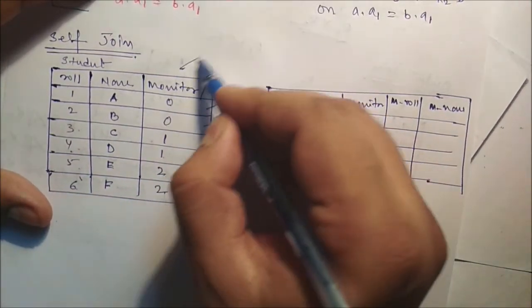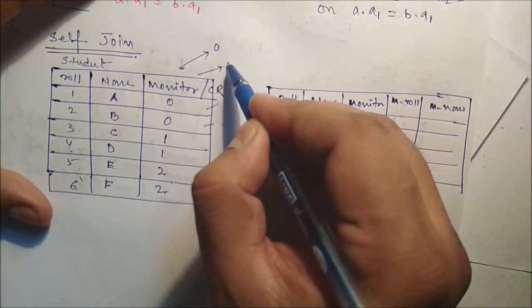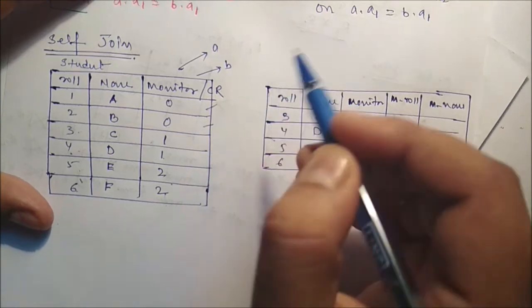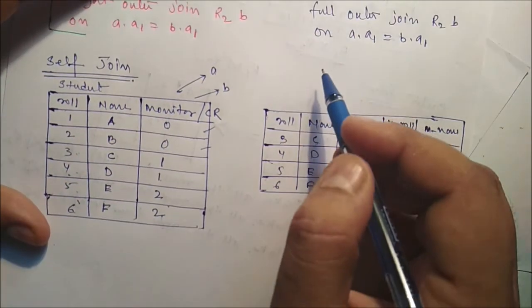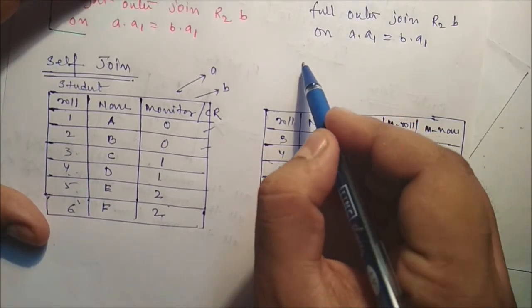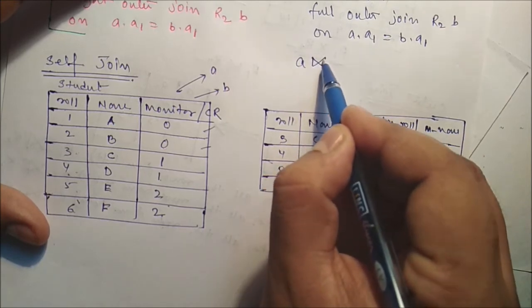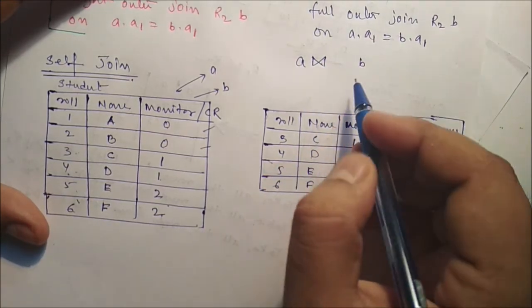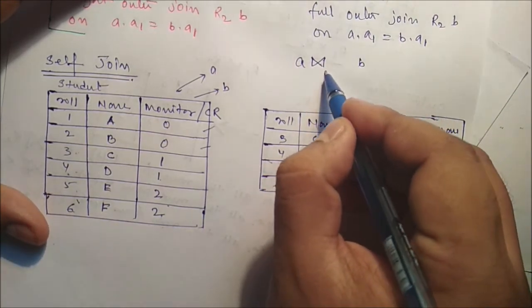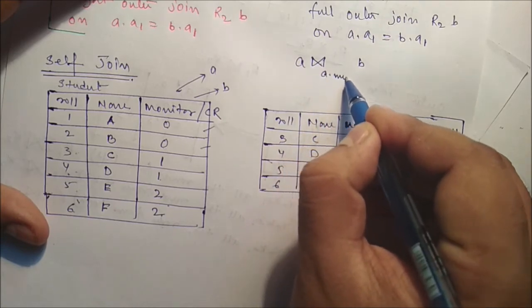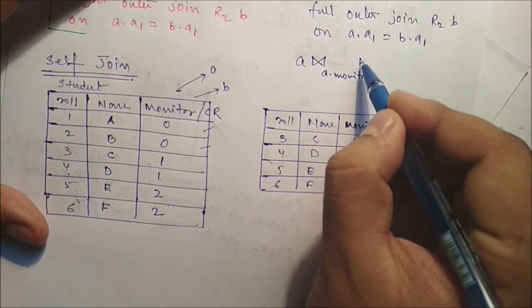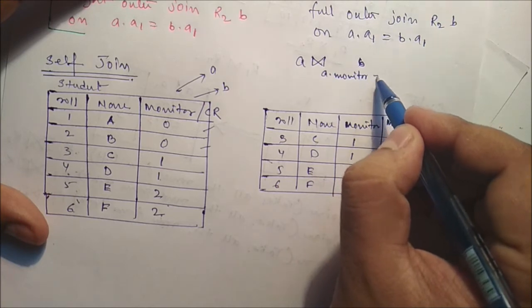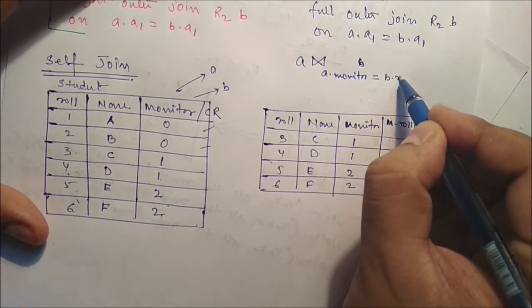Okay, let A and B, we just put the same name. So here you have to join this one, A join B. Condition is what? A dot monitor is equal to B dot roll number.